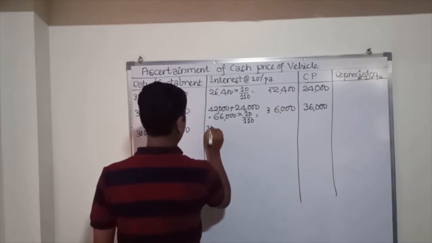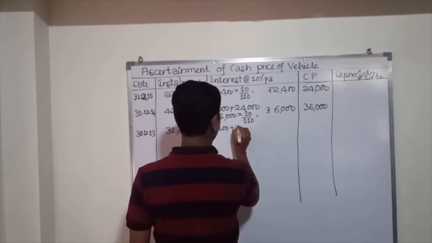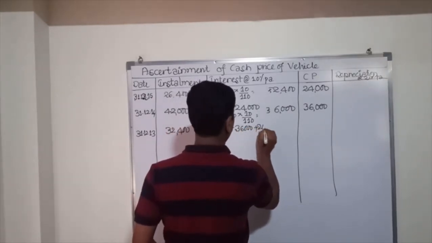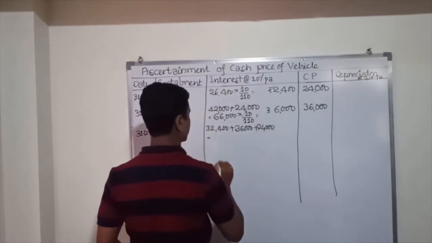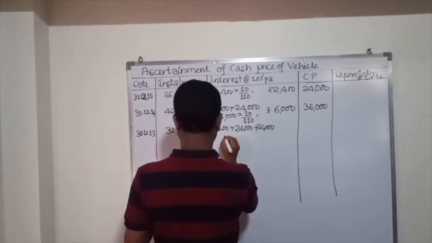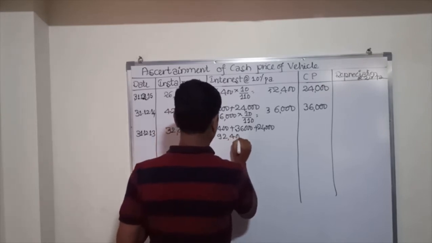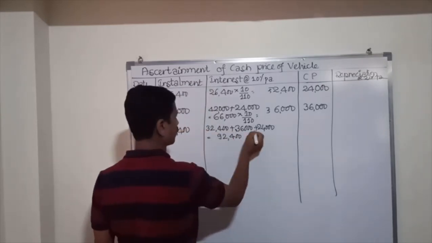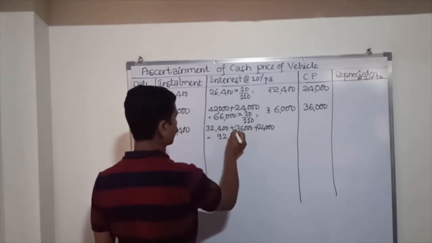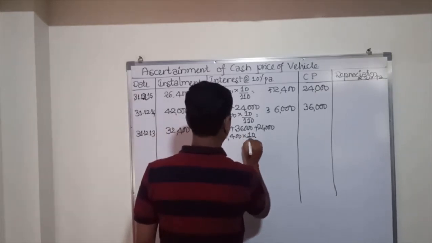So now 32,400 plus this 36,000 plus 24,000 equals 92,400. So 92,400 into 10 divided by 110.